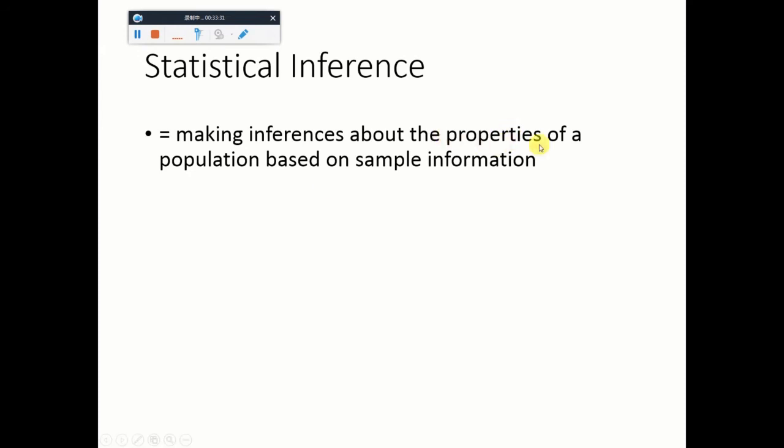I only say properties, because you can make inferences about mean, standard deviation, mode, almost anything of a population based on sample information, statistics that we can use to describe the sample. So this is really a very broad definition.